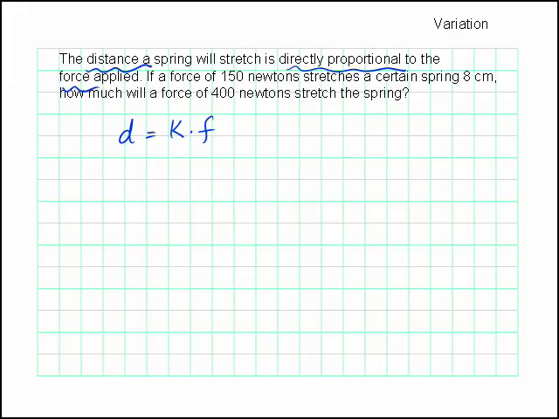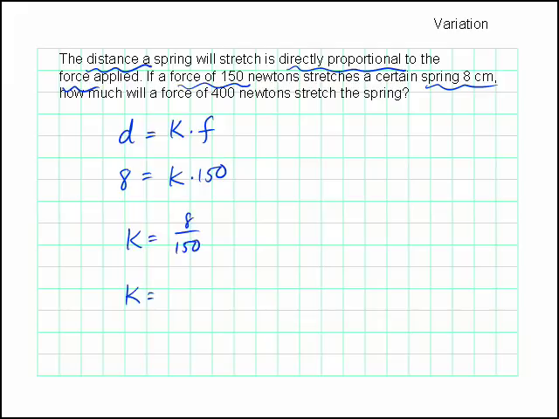Just like the other problems, you must now find the variation constant k. So I pick out the extra information they give me here. When the force is 150, the stretch or the distance is 8. So I'm going to plug that in here. Distance is 8. Force is 150. Now if I divide both sides by 150, k is 8 over 150, and I think I'll leave that as a fraction.